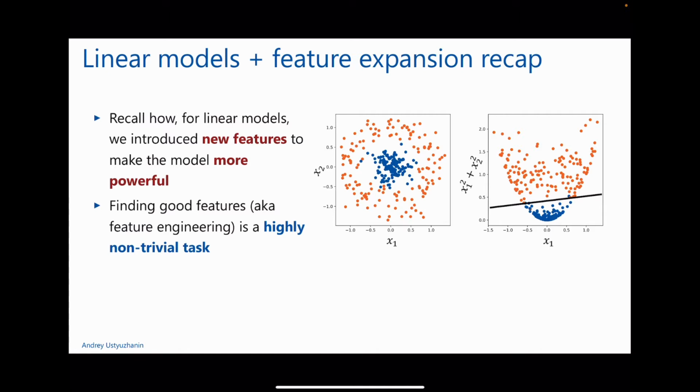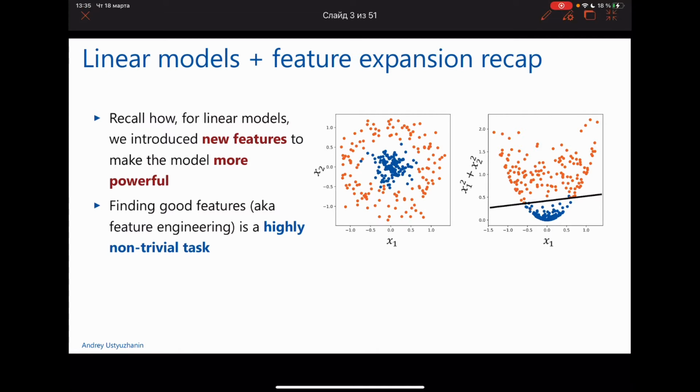For example, like on this picture, you see that blue points are sitting in the circle, and you cannot draw a single straight line that would separate orange from blue here. But if you add more features, like quadratic features in this example, you would map your dataset into the space that would allow drawing such a boundary.